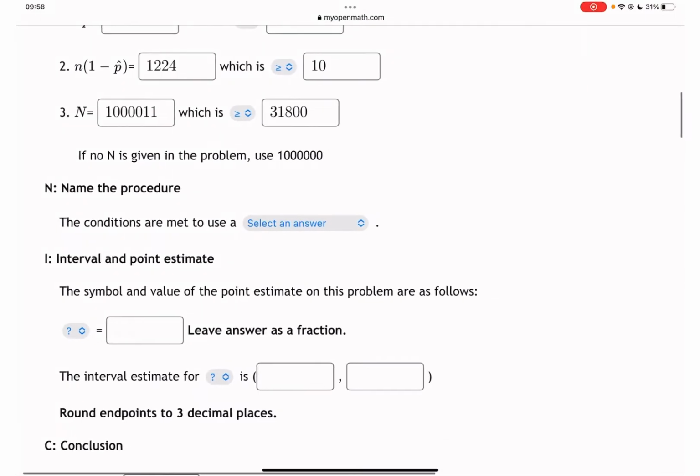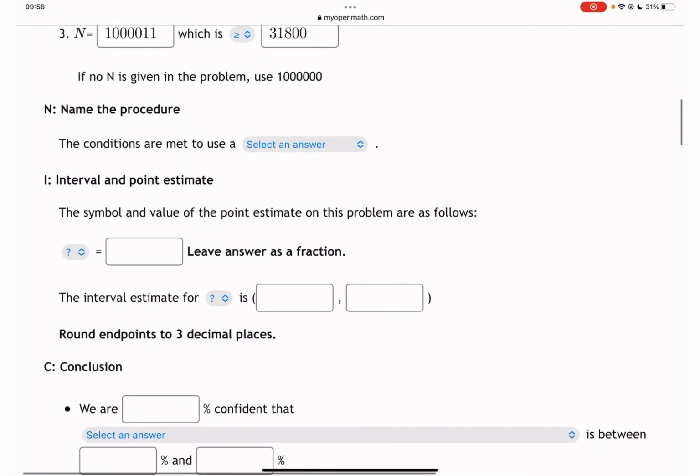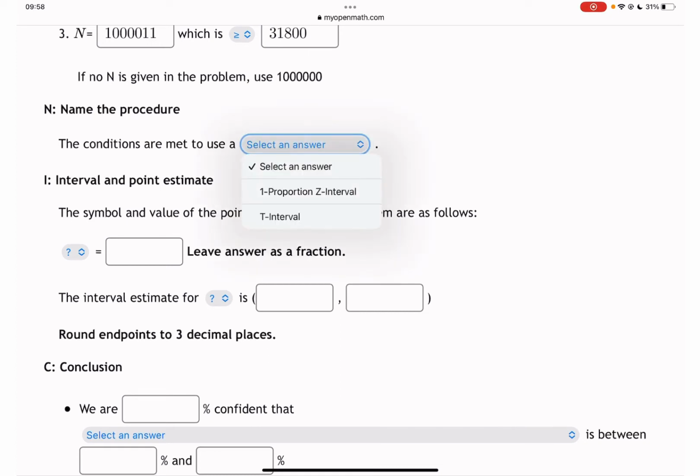If no population size is given, we take 1 million. Here it's given already. So the conditions are met to use a proportion z interval.